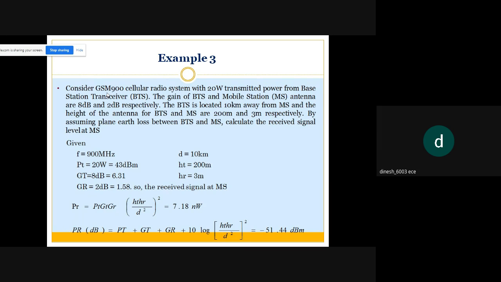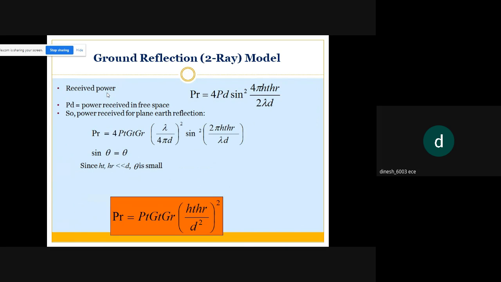Then we need to find the received signal at the mobile station. PR is equal to PT GT GR into HT HR divided by D square, the whole square.